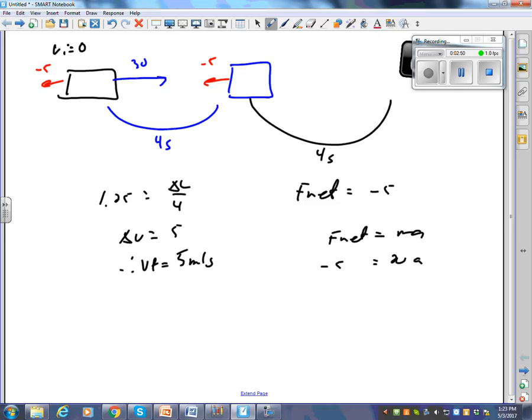So what is our a? -4. -4? How'd you get that? Don't you divide both sides by 20? I think it's -0.25, is it not? Yeah. And now what?